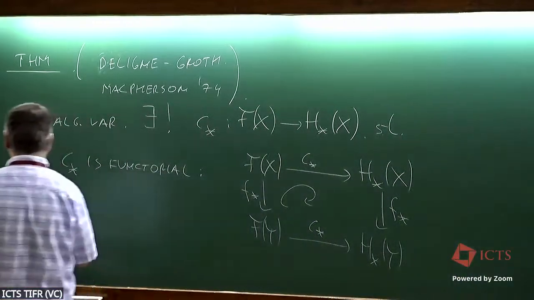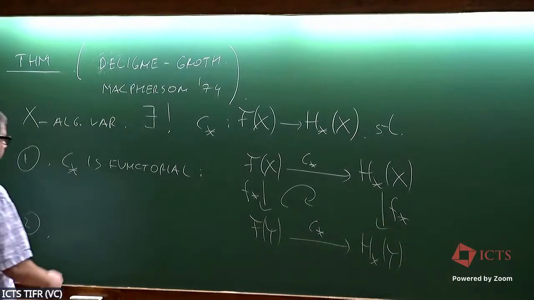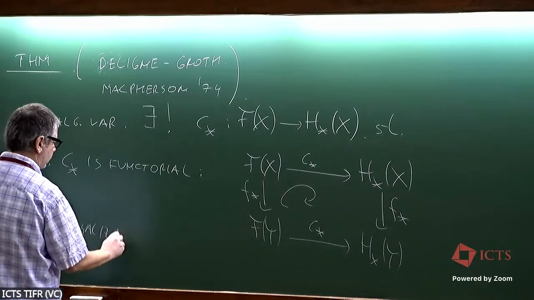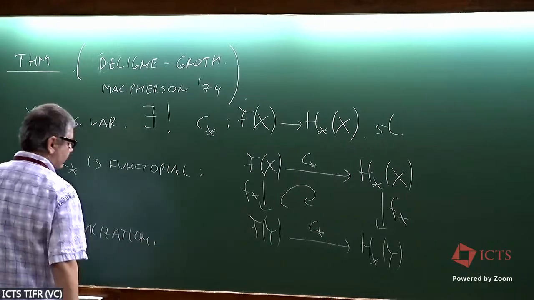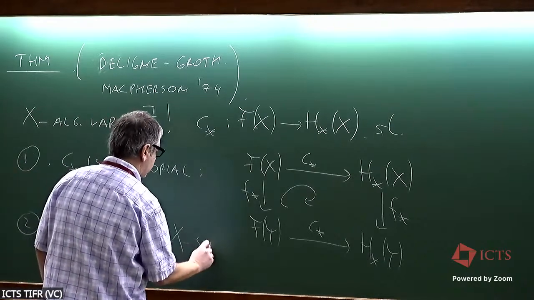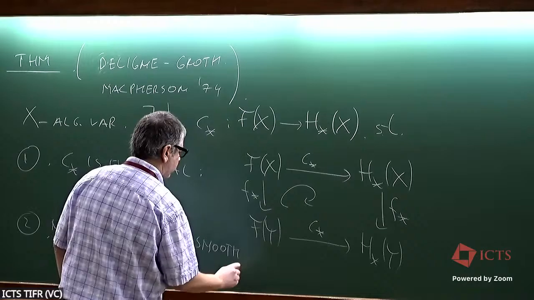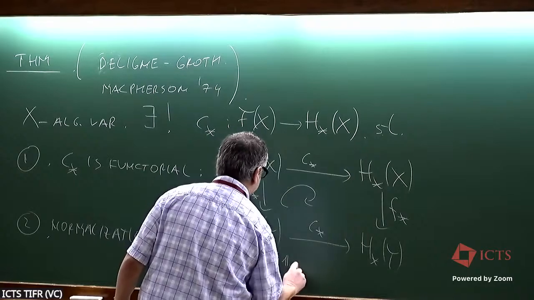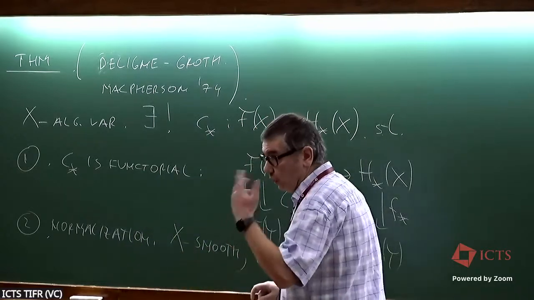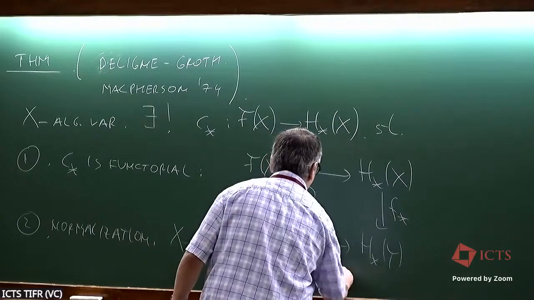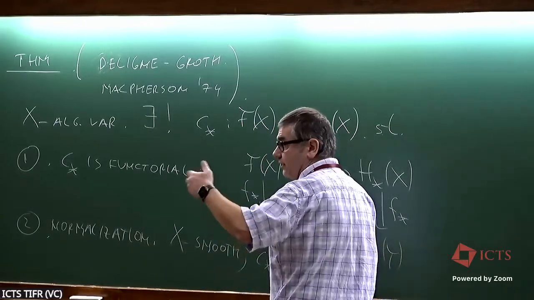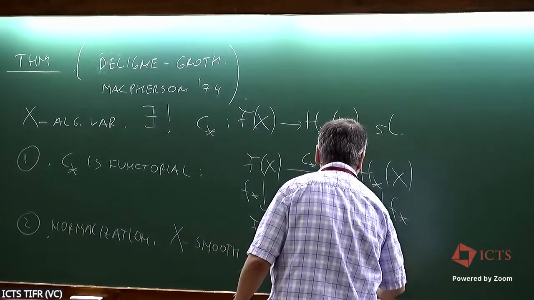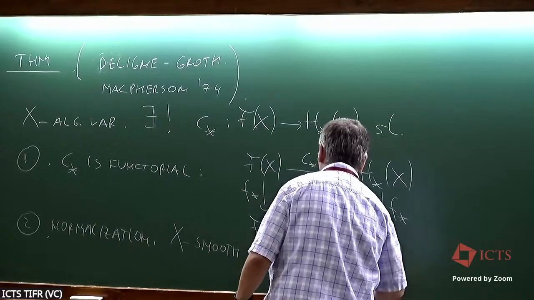The second condition is a normalization condition: if X is smooth, then the image of the indicator function of X is the total Chern class of the tangent bundle of X, but you have to regard it in homology. The total Chern class is a cohomological quantity, so you have to cap with the fundamental class of X.